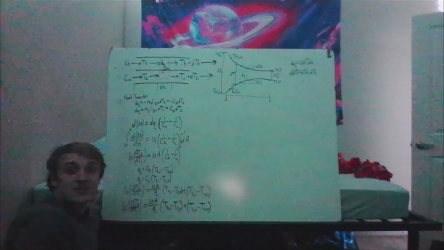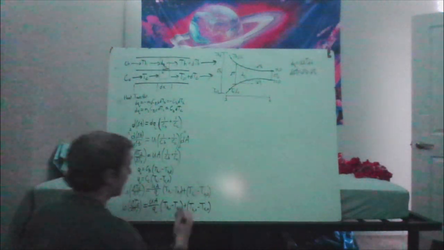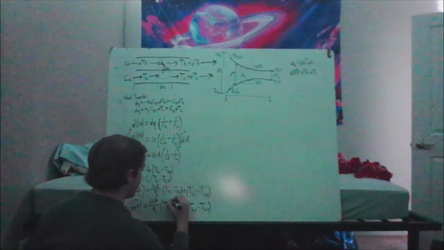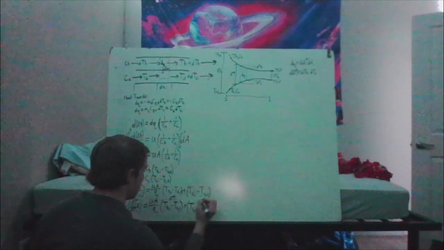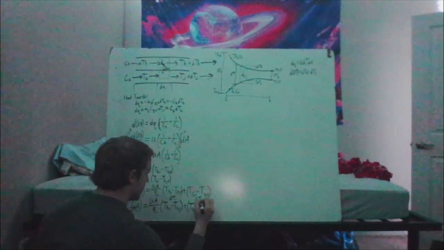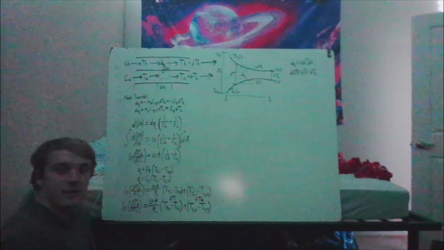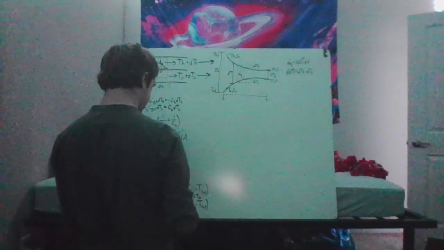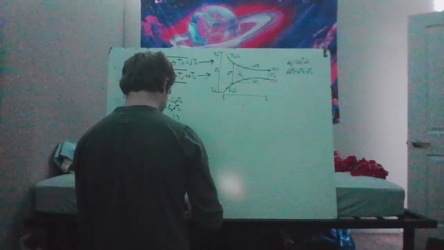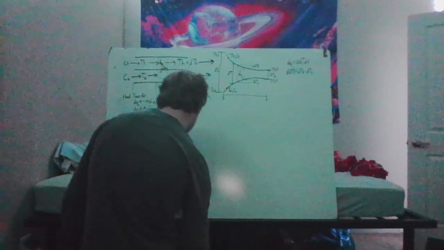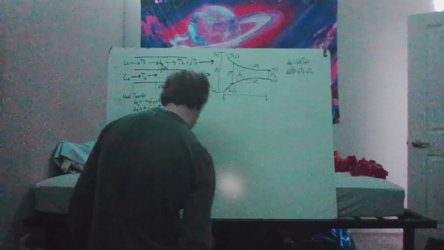And then now we can actually represent these by our delta T1 and delta T2. So there was a little mistake here. Obviously, since we flipped these, this will actually become a subtraction sign.